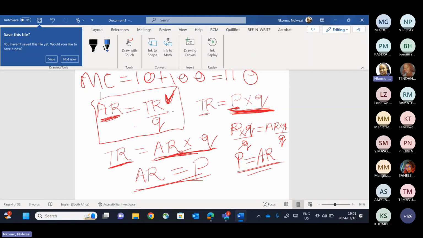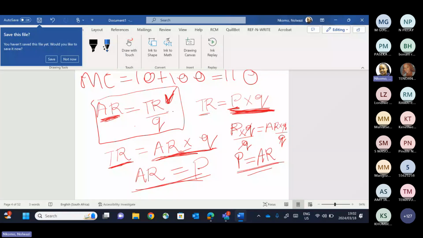So this means we can find the average revenue by calculating the price from the demand function.